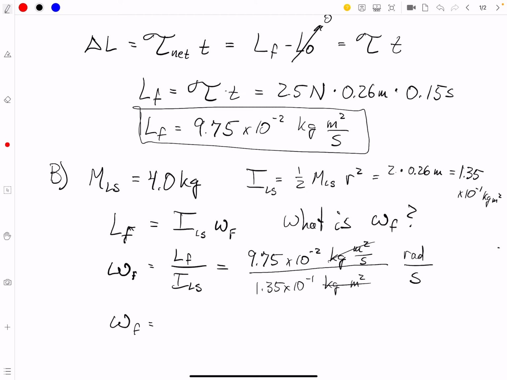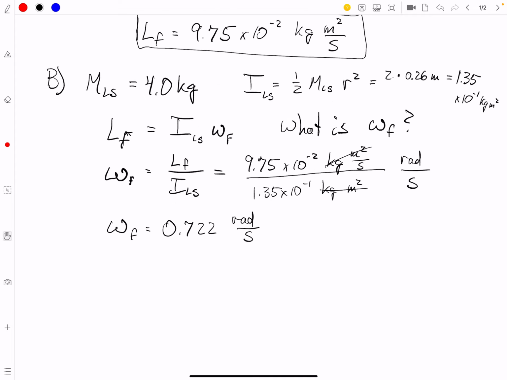That is 0.722 radians per second. So, what did we do?